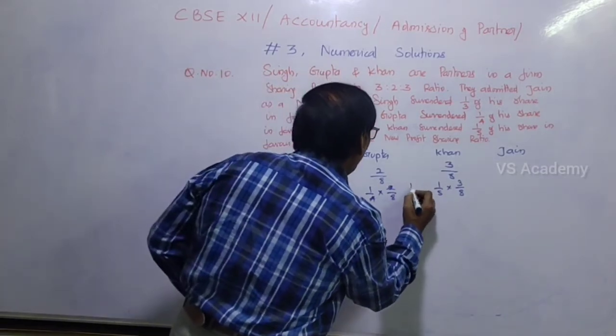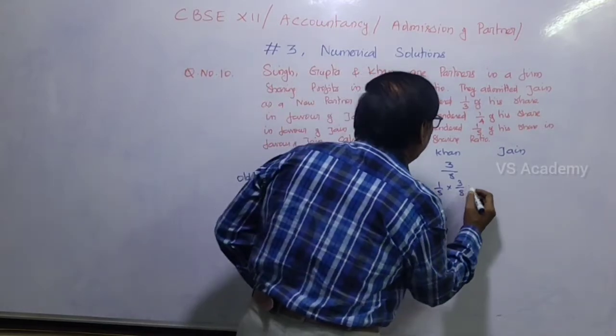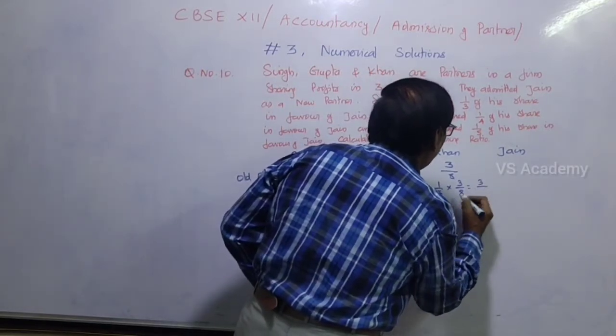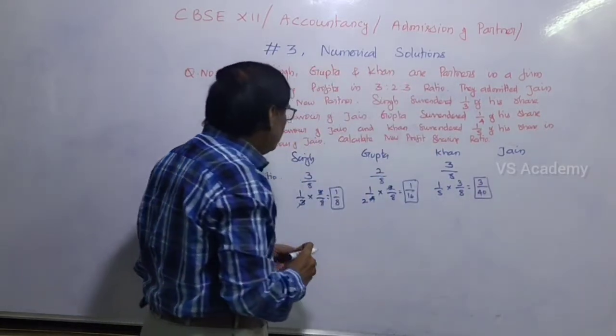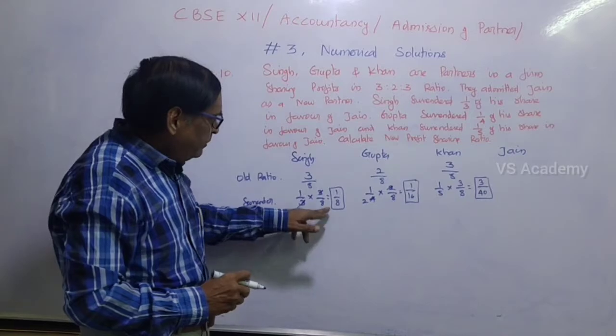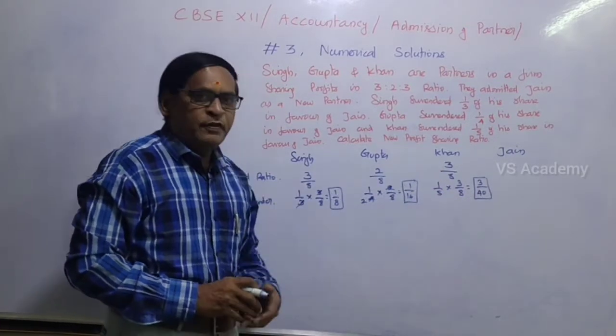Here 1/16. This surrender is 3 into 5 into 8, 40. So Singh is surrendering 1/8, Gupta surrendering 1/16, Khan surrendering 3/40.